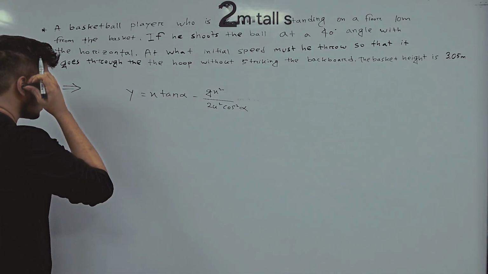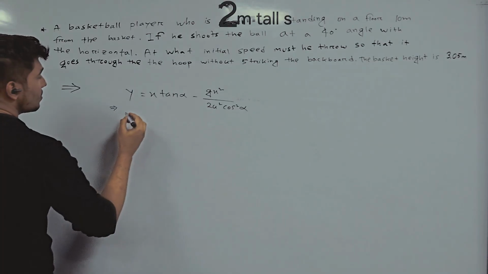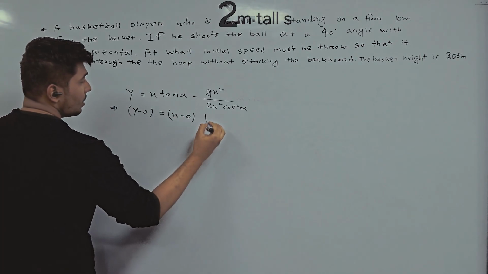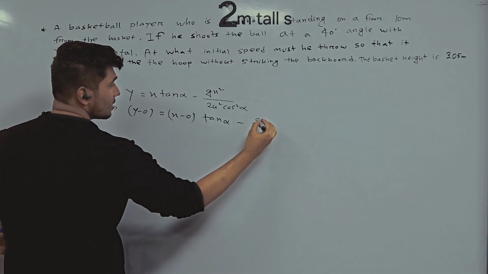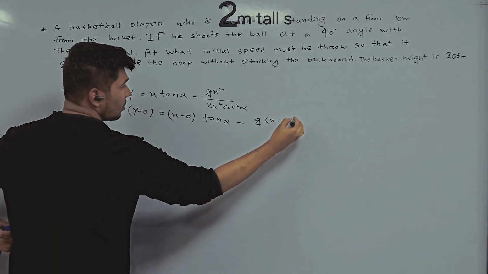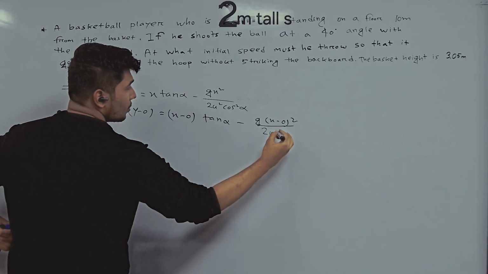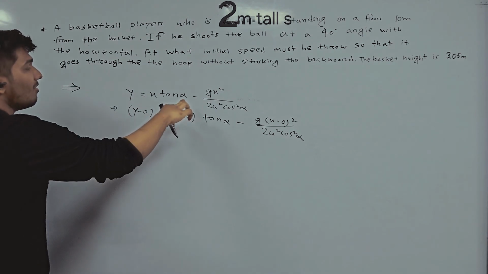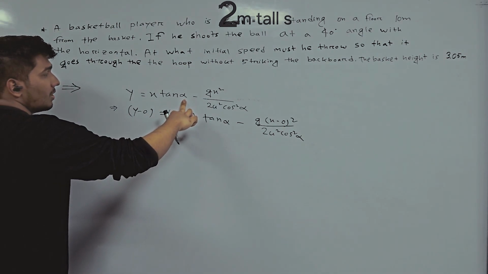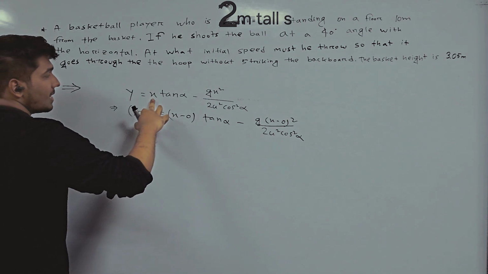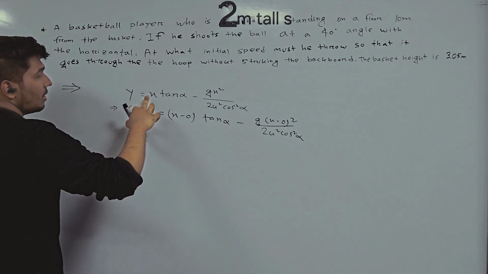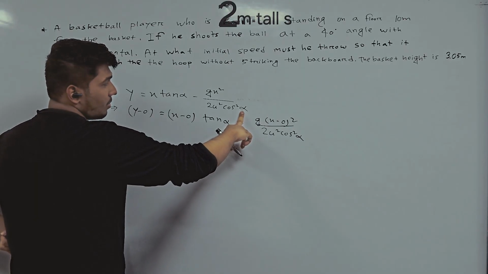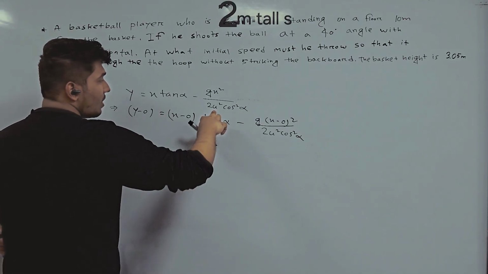Now I want to rewrite this equation in this way: y minus 0 is equal to x minus 0 tan alpha minus g into x minus 0 whole square divided by 2u square cos square alpha. Alpha is the angle of projection, x is horizontal distance, y is vertical distance, and u is the initial velocity.